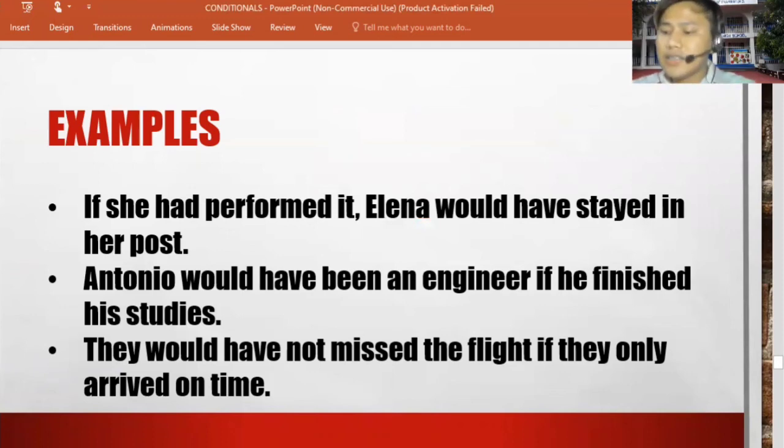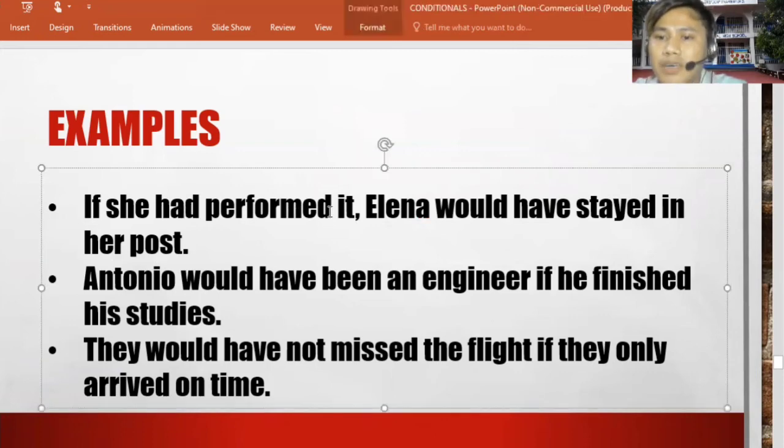Let us digest the following examples. So we have if, and where's our past perfect here? We have had performed.